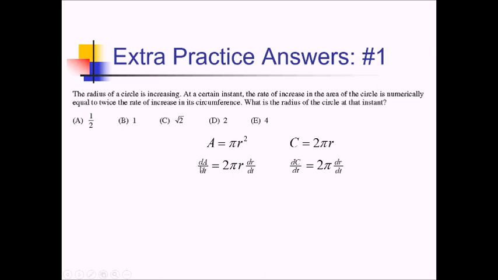So dA over dt could be expressed as 2 times dC over dt, which doesn't seem super helpful right away, but if you think about it, dC over dt is all this stuff over here. So instead of writing 2 dC over dt, we could write 4 pi dr over dt.